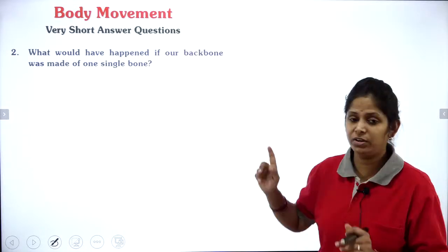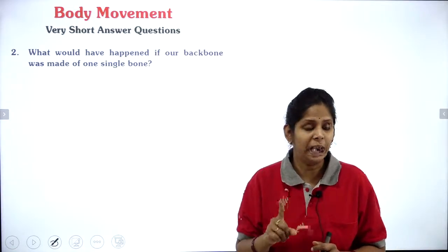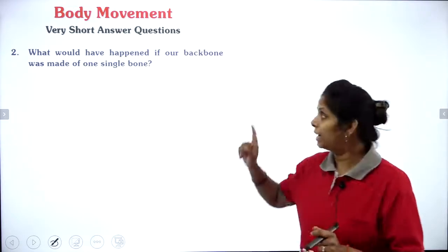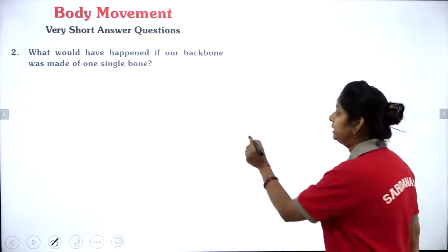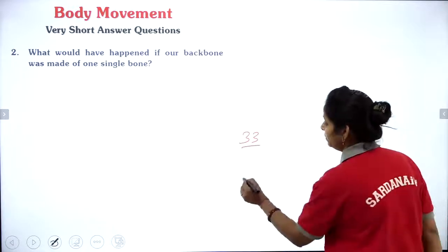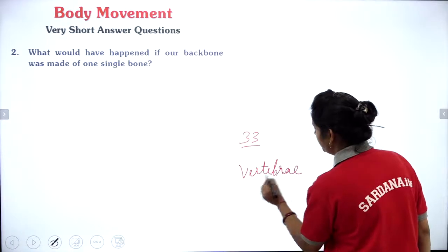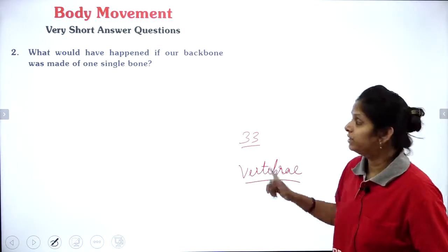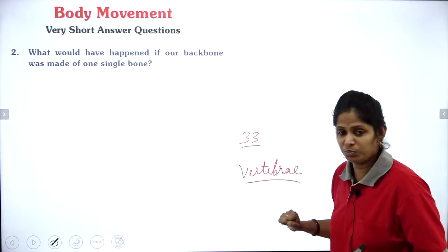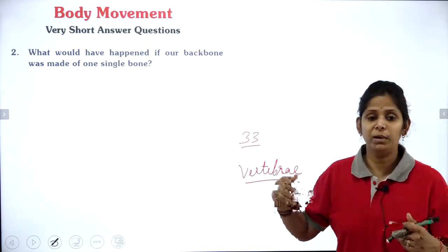Therefore, our backbone is made up of 33 small bones, and these bones are called vertebrae. Clear? That's why the backbone is made up of 33 small bones called vertebrae, and because of this we can easily bend our body.